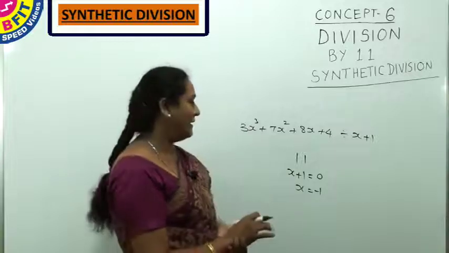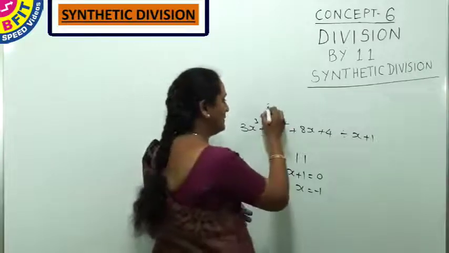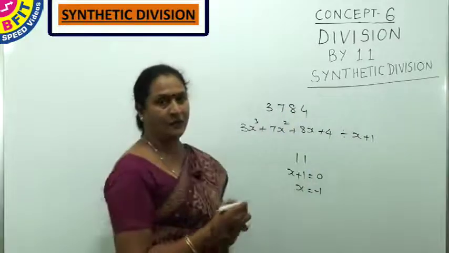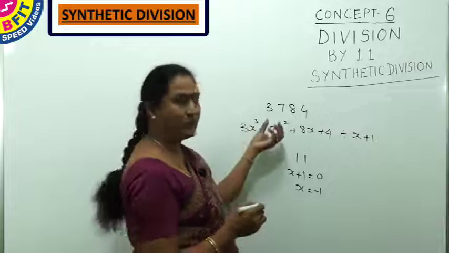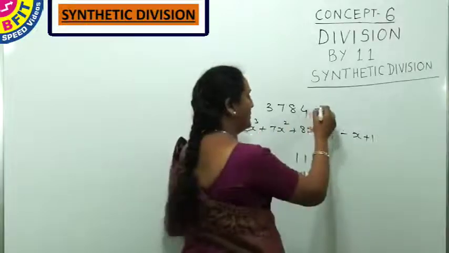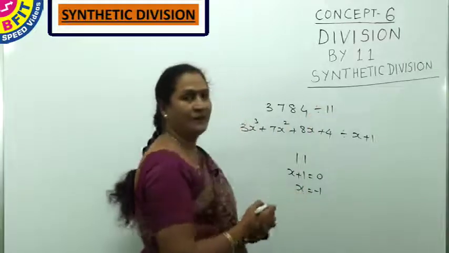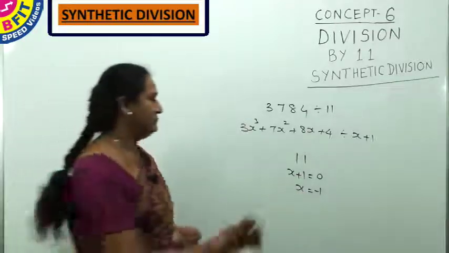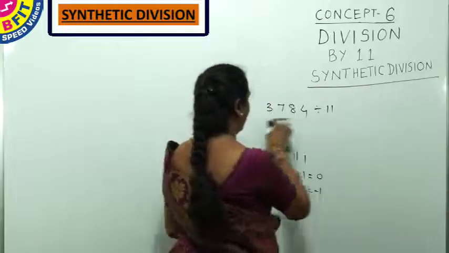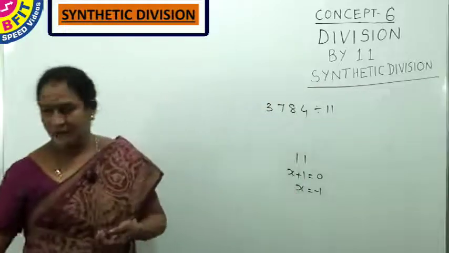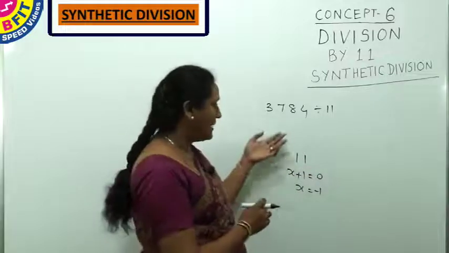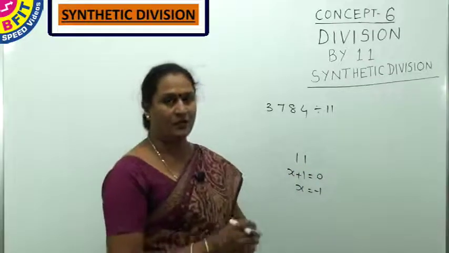So we'll take that the number is 3, 7, 8, 4. We have taken all the coefficients, and we can use this to find the quotient when this number is divided by 11. And the working of this is, now we have a number 3784, and this has to be divided by 11 to get the quotient.